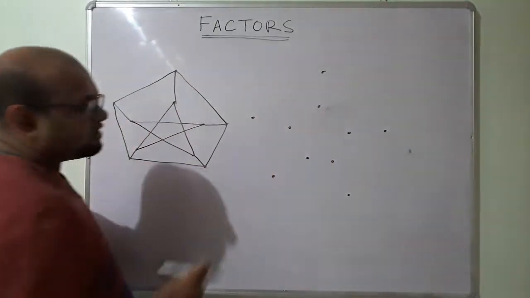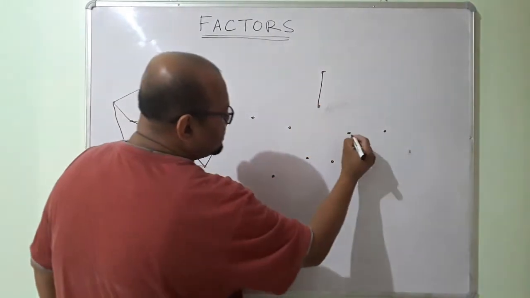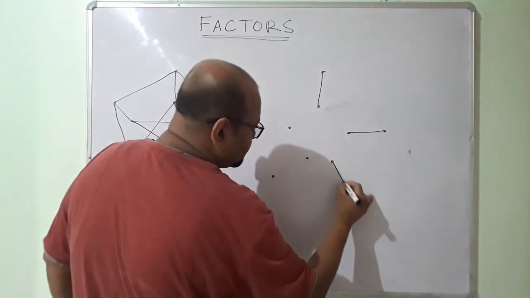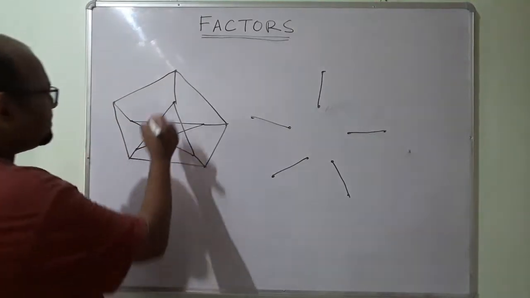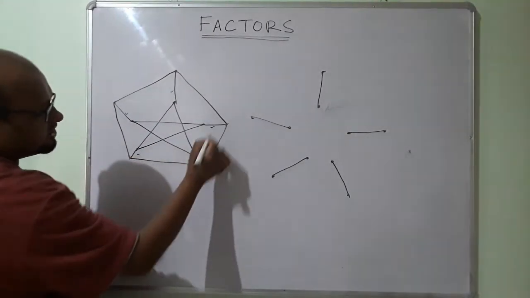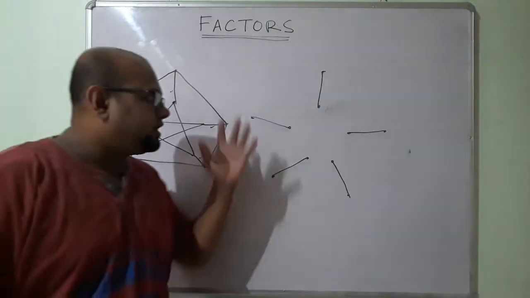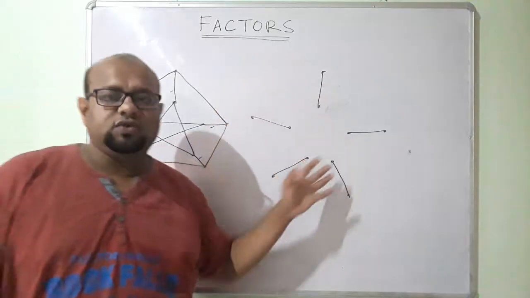Let us try to find out if this has a one factor. Out of this graph, if I take this edge, this edge, this edge, this and this edge, I will have this subgraph. Now look at this particular subgraph.